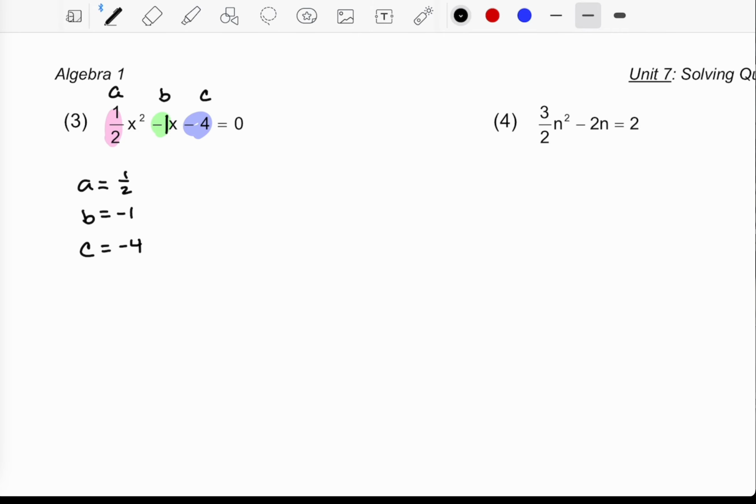So again, the formula, x is equal to negative b plus or minus the square root of b squared minus 4ac all over 2a. My a values, my b values, and my c value.